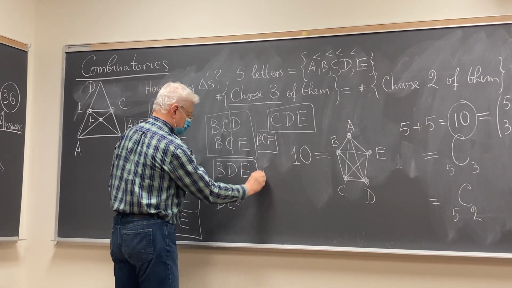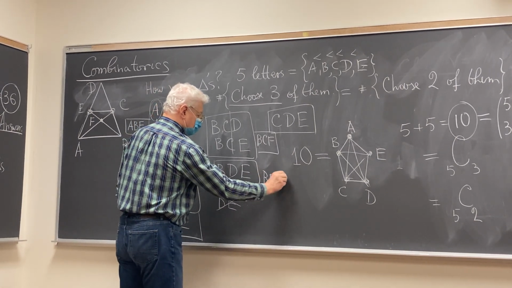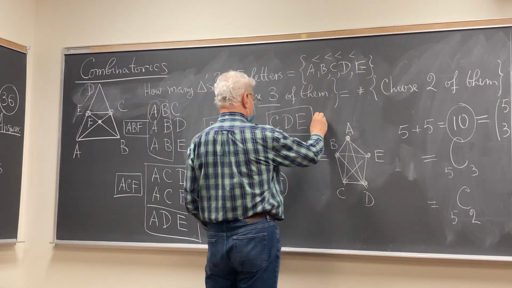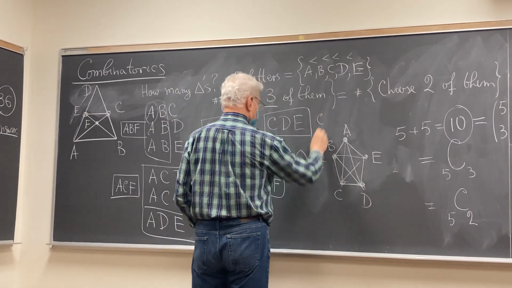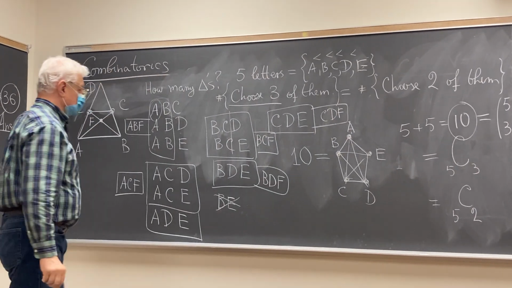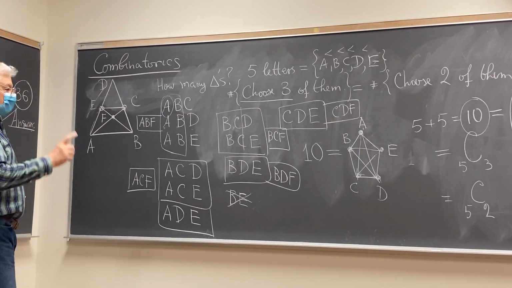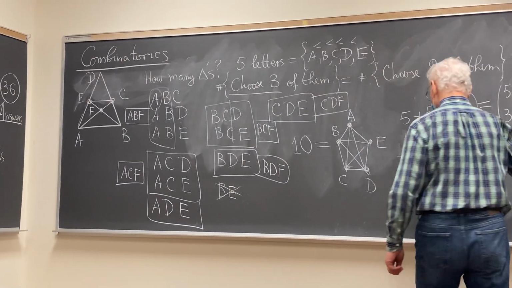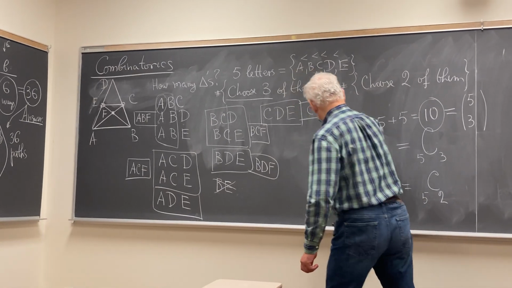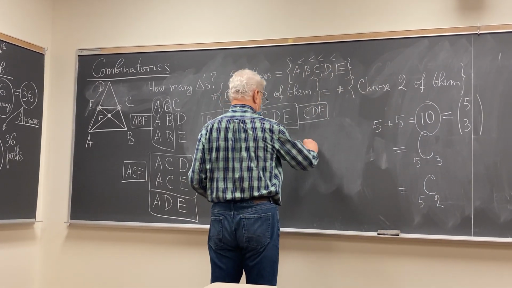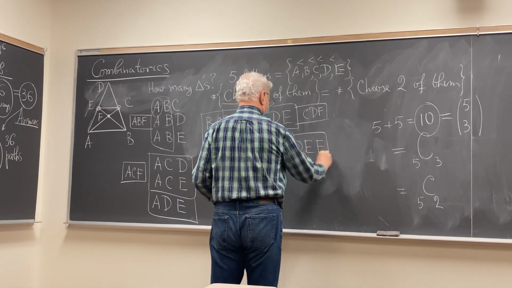Here you add BDF. And CDE you can add CDF, and it looks like the same. That's it. But now because one more letter is here, we have to add one more triangle, namely it will be DEF.